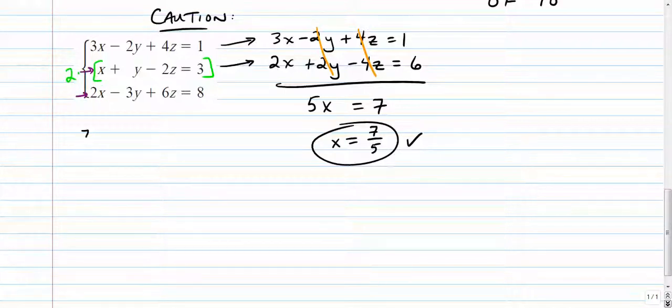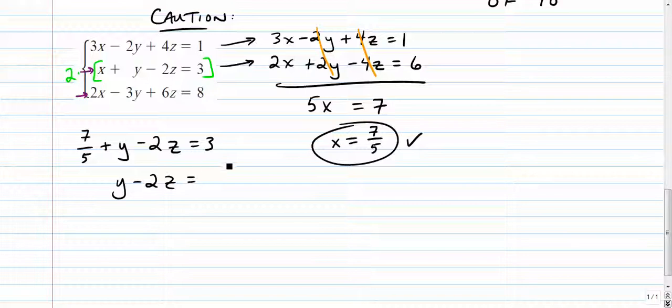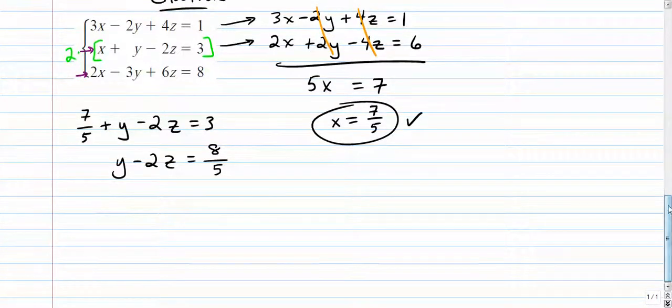So here we go. 7/5, which is x, plus y minus 2z equals 3. Before I do that, let's simplify this. This is the middle equation. 7/5 I'm going to bring over to the other side, so it's 3 minus 7/5. Well, that's 1.4, so that's 1.6, which is just 8/5. If you want to use decimals, you certainly can, but I'll keep it like that for a second. So that's the middle equation ready to go.